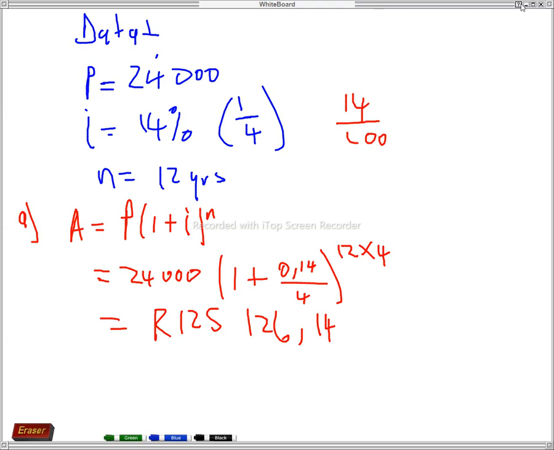On top of that RCL button, you have another button. If you check, there are alphabets written in a reddish color: A, B, C, D, E, F, and at the bottom X, Y, M. Let me select A, where I want to store my answer.